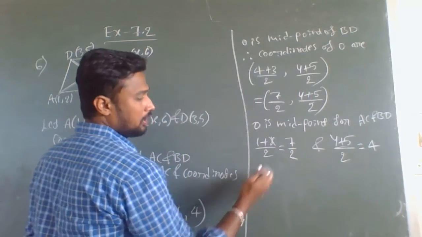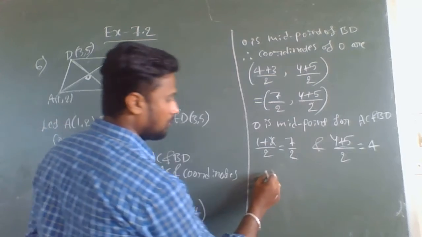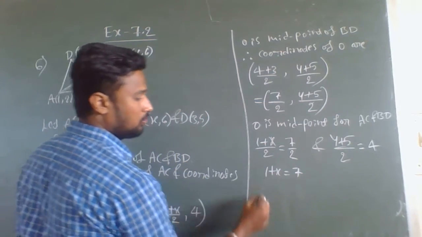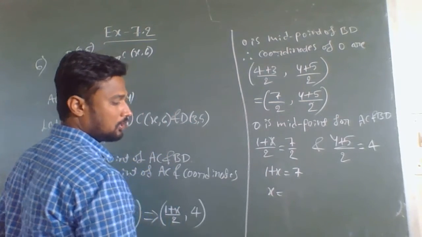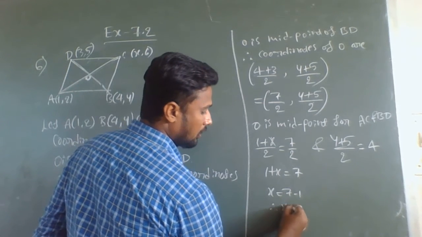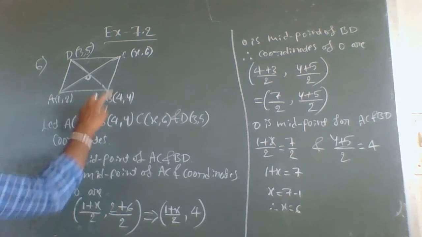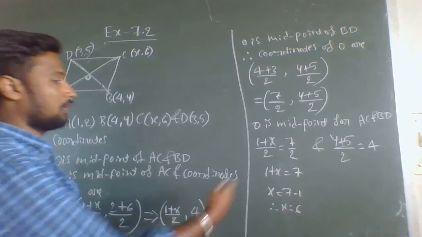So now here denominator is same, both side 2 is there, so directly we can write 1 plus x is equal to 7. So now to calculate x value, I will move this 1 to other side, therefore 7 minus 1, therefore x coordinate value is 6. So here value of this x is 6. Now we have to calculate y value.